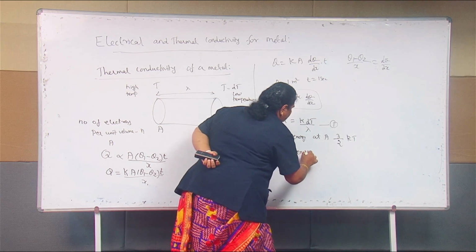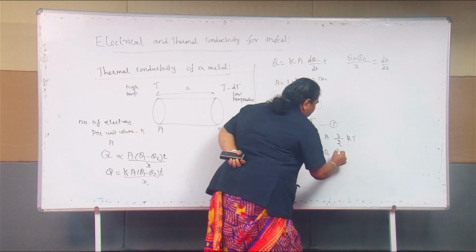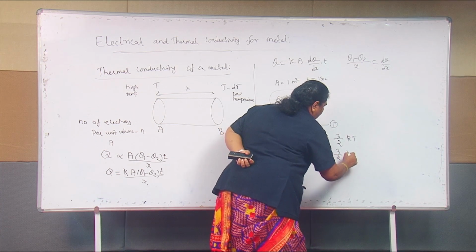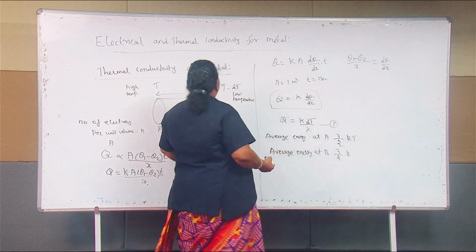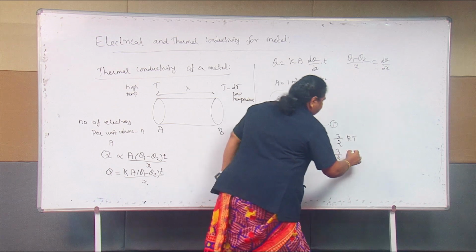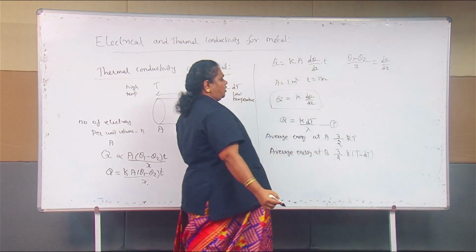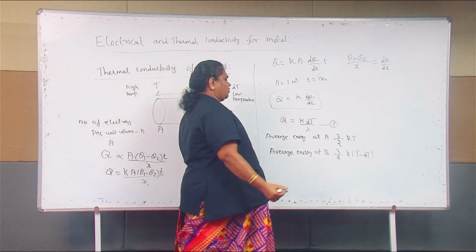Average energy at B is also 3 by 2 K into, here at point B we have a temperature T minus dt. And we know that the small k represents nothing but the Boltzmann constant.